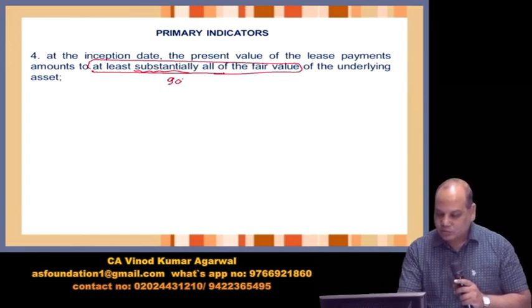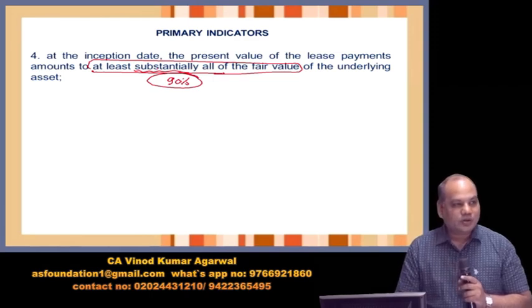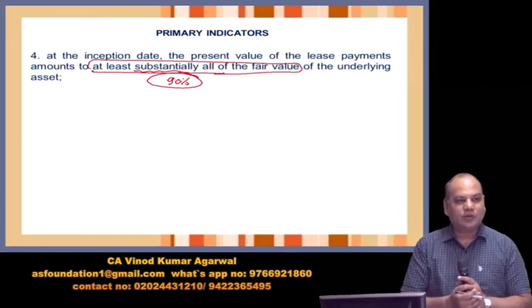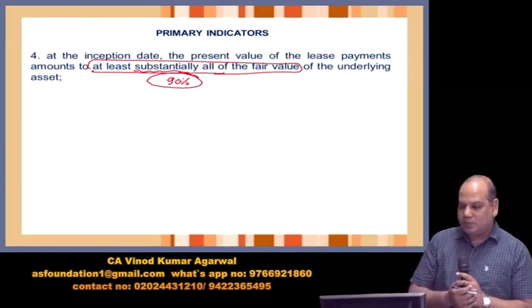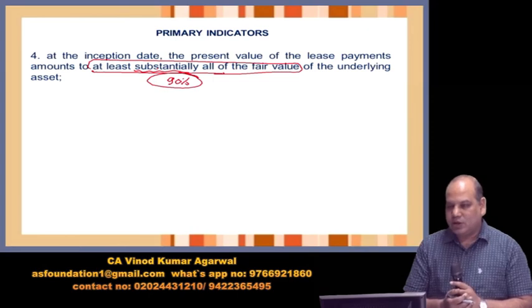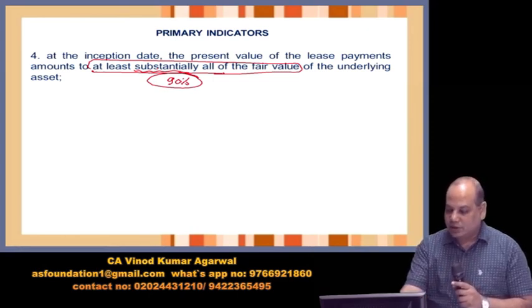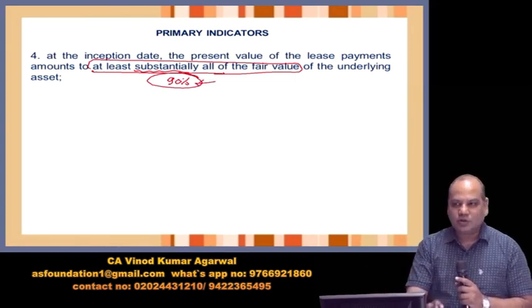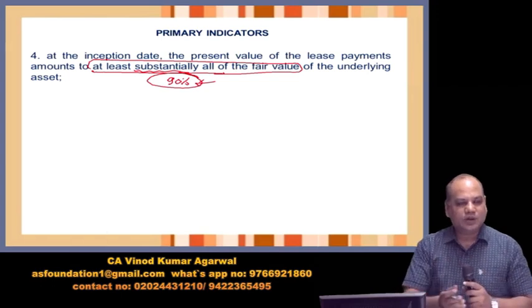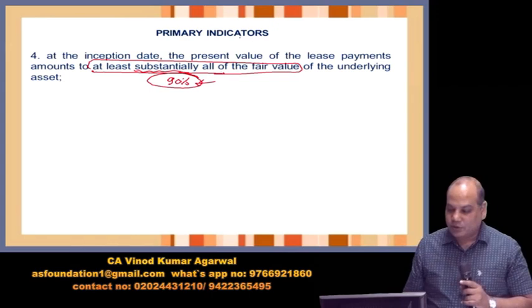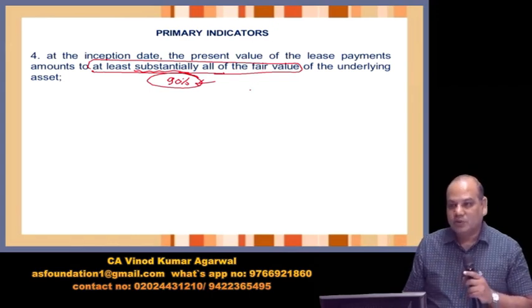But roughly, if approximately 90% of the fair value of the asset is recovered through your lease payments, then one can conclude that it is a finance lease. But 90% is not the standard as given. It is the number we use in practice for checking whether the fair value is recoverable from the lease payments or not.